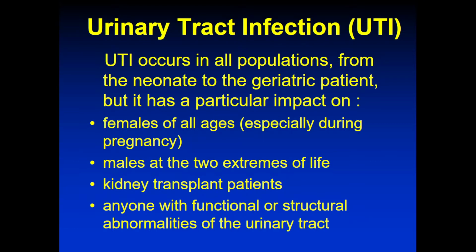It occurs in all populations, from nanny to geriatric patient, but it has a particular impact on females of all ages, especially during pregnancy, males at two extremes of life, so young and elderly, kidney transplant patients, and anyone with functional or structural abnormalities of the urinary tract.